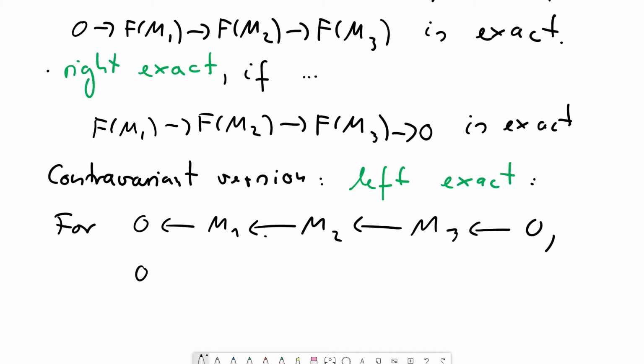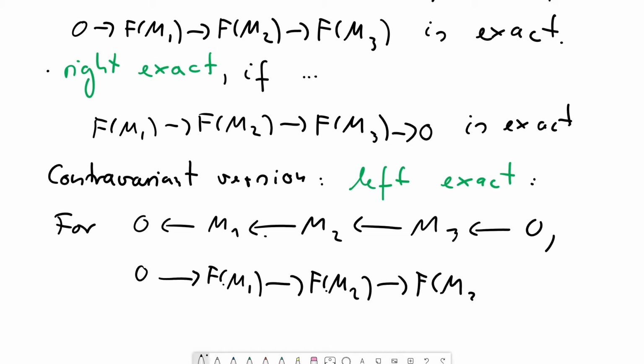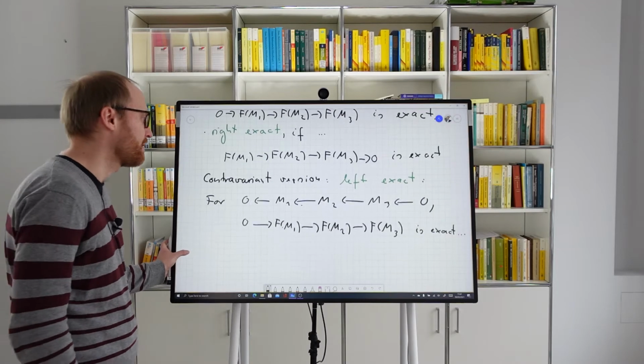Now contravariant functor means the arrows are reversed, so we obtain such a sequence here. This sequence here is exact. And I just put 3 dots here because now I think you can add the definition of right exact for contravariant functors. This is now clear.